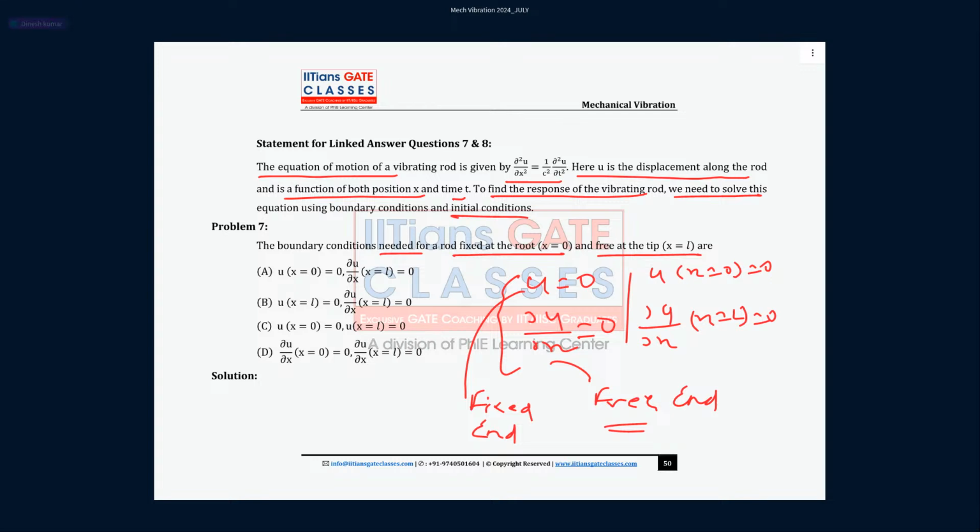Yes. Ashish, you are telling B is the correct answer for which question? Ashish, can you tell for which question? Sixth or seventh?